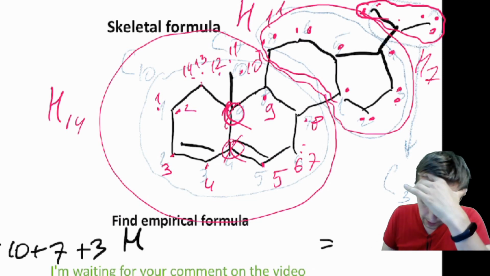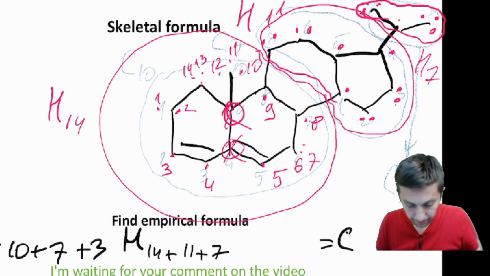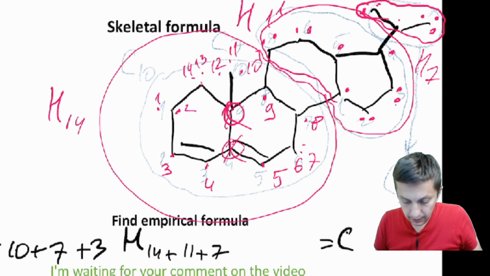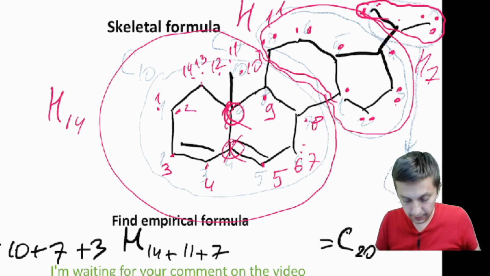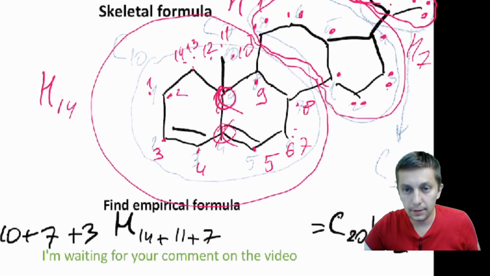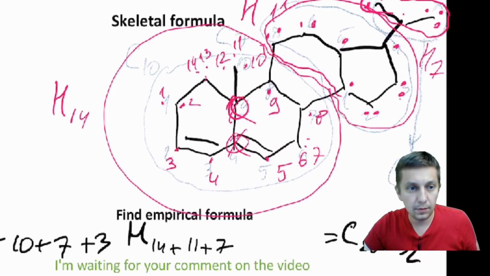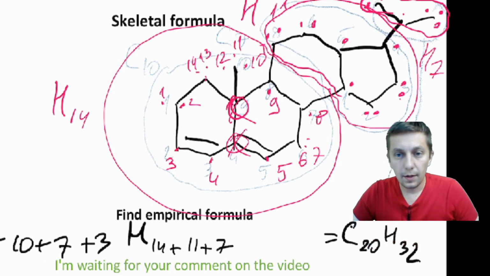So we have H14 plus 11 plus 7, and we will get C20H32. Like this. One moment. Like this.